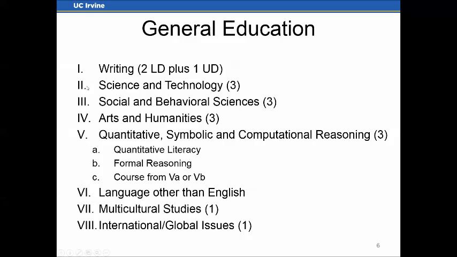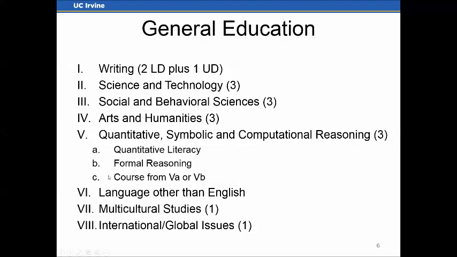You see in categories 2, 3, 4, 5, that these categories require 3 classes in each of them. And so that way you'll know exactly how many classes you'll need to do for each of these sections. Category 6, language other than English. Most of you, or a lot of you, have completed 3 years of a language other than English in high school.